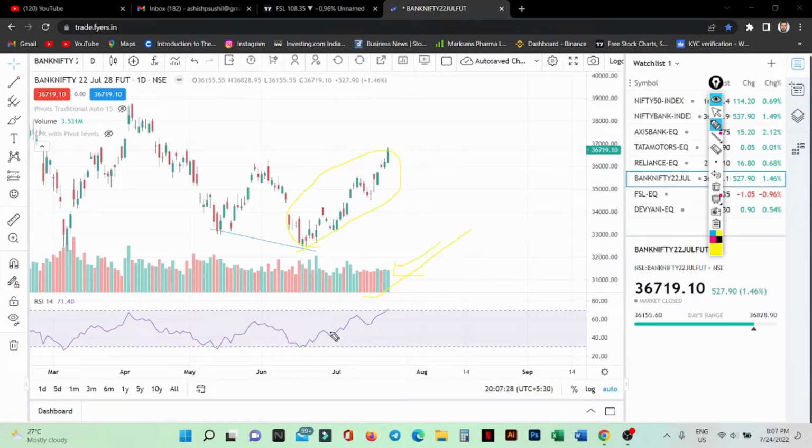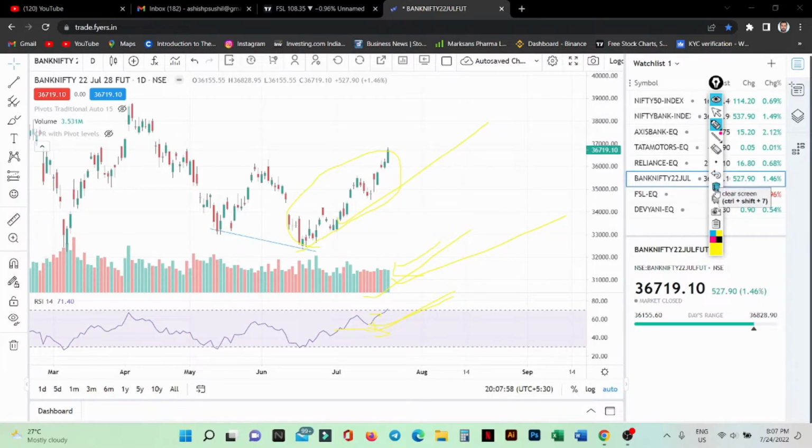If the market is going upside and the RSI signal is above 50, never go and take a trade saying that the market is showing strength and it's above 50, let's go buy. You shouldn't do it like that. Always use price action, always analyze the volumes, and then you take a decision whether you should enter a trade or not.